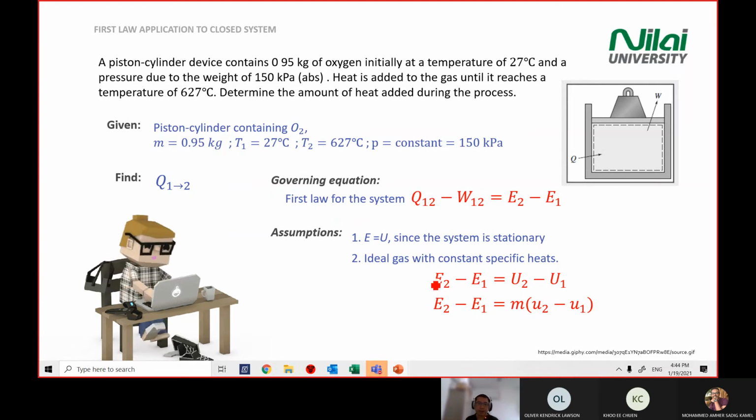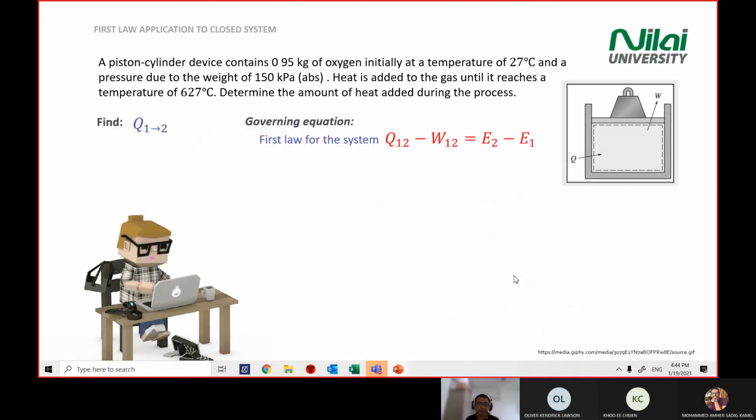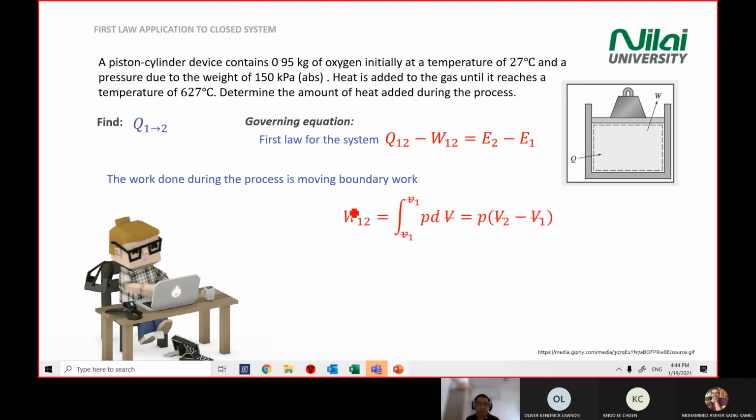Don't worry about the detail of all these formula. You'll learn it later on. And then you will try to integrate it in this question. So work done through the boundary is given by this equation. Bear in mind for this module, you need to polish up your integration skill.